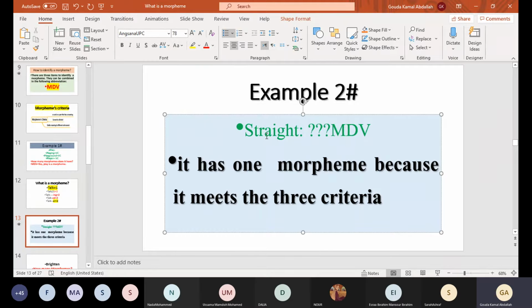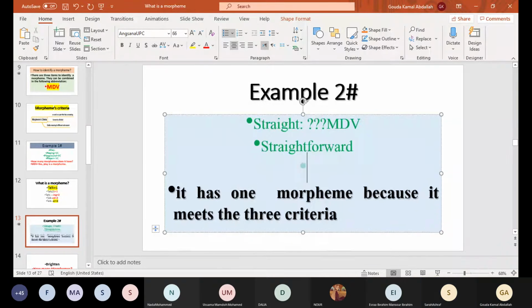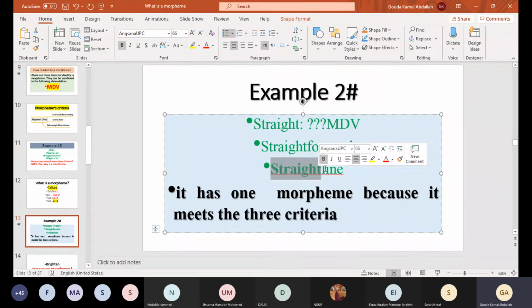And we cannot take away any sound of it without it changing its meaning. Cannot be divided, of course. And it has the same meaning in different verbal contexts. Do we have other verbal contexts in English? Yes. Straight forward. A straight line. It has the same meaning, to go along without changing your direction, right?